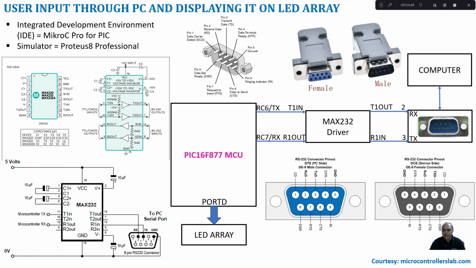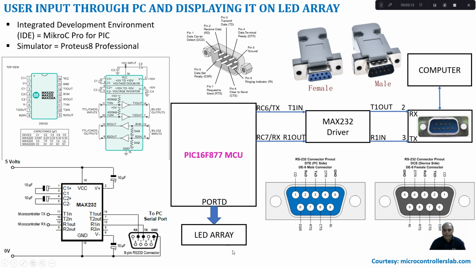Depending upon that number, the LED array is going to light up. For example, if I send 0, all the LEDs will be off. If I send 255, all the LEDs will be on. Depending upon the value I provide, the LEDs will go accordingly.